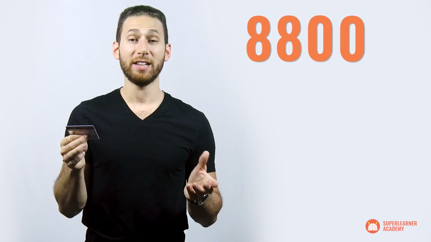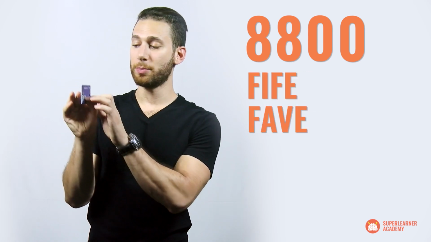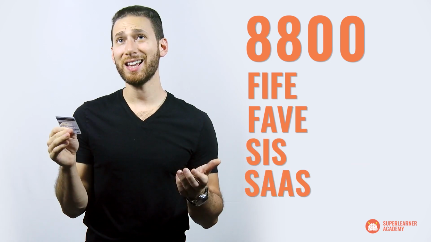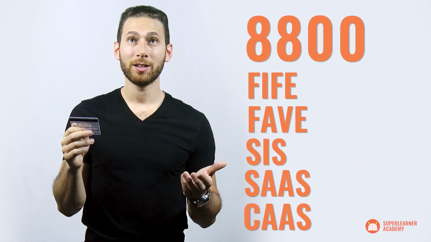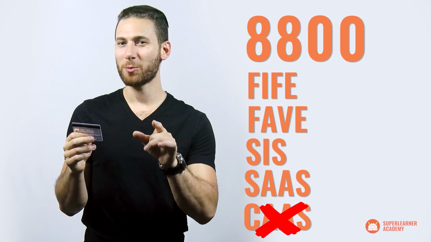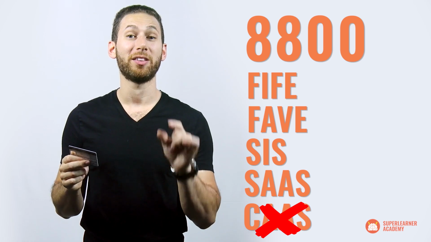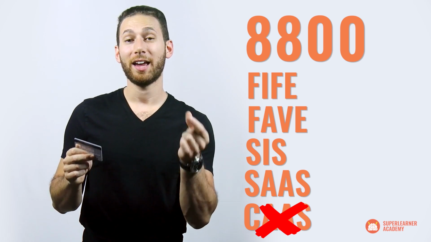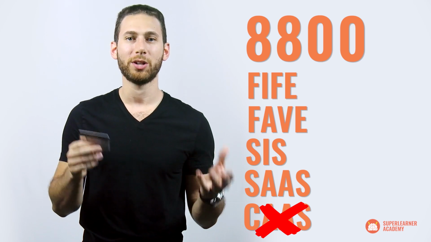Next, we have 8800. Now this could be a lot of different things. Eights can be V's or F's, so that could be fife, fave, and this could be sis, sass, cass. No, it couldn't be Cass. See, this is why I said it's really important to remember the difference between soft Cs and hard Cs, or soft sounds and hard sounds.